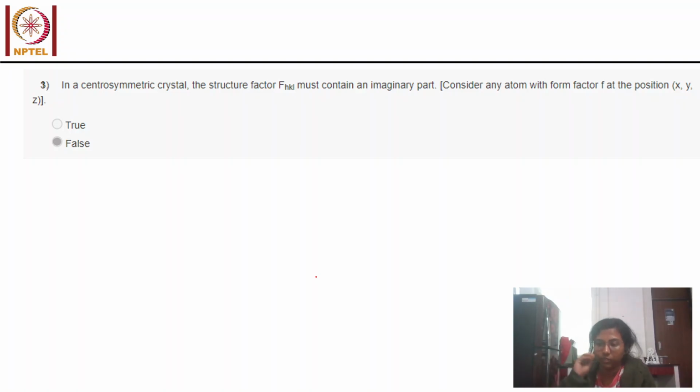If we have an inversion center, then for any atom at a location say xyz, we will get a corresponding atom at the location minus x, minus y, minus z. So these 2 points are equivalent points, right? Here we can consider any atom with form factor f at the position xyz.